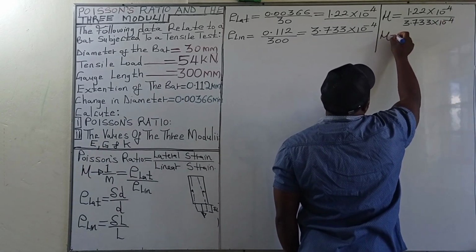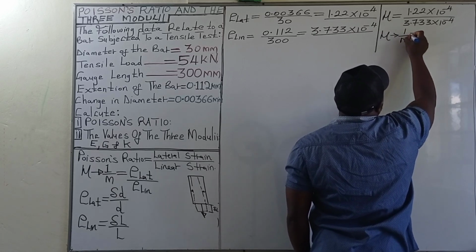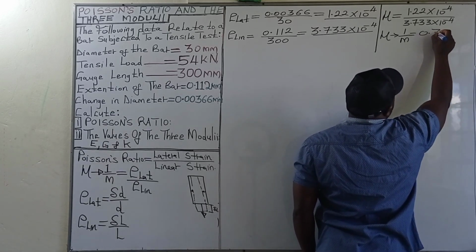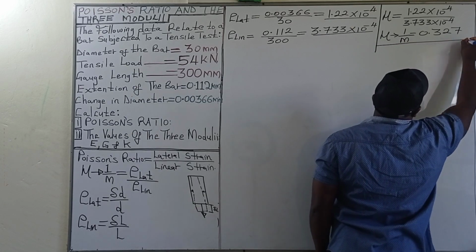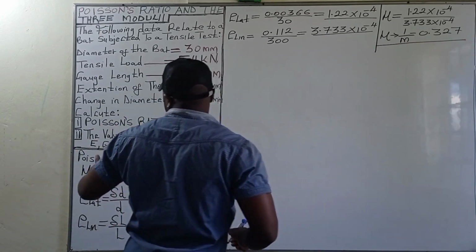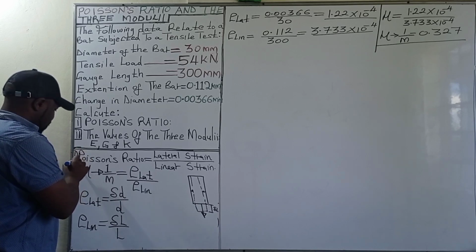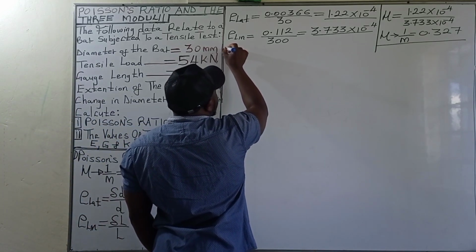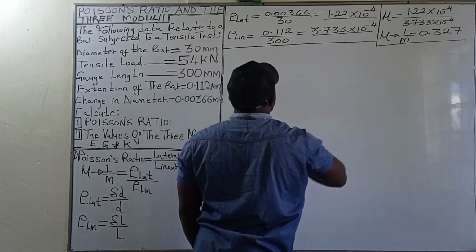And this is going to give us a Poisson's ratio, or 1/m, being equal to 0.327. So that is the Poisson's ratio. So we have answered part 1 of this question. Part 2 of the question is asking us to determine the 3 moduli.